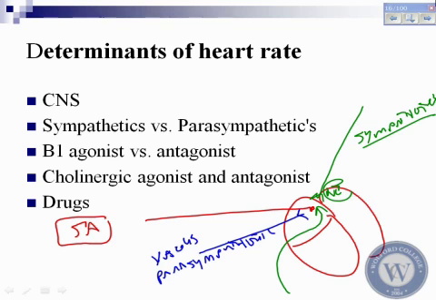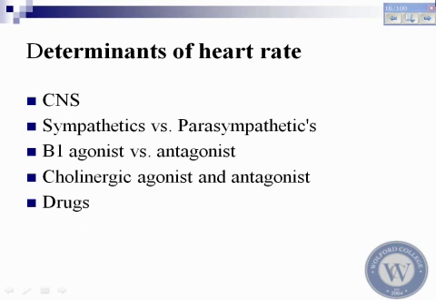Okay. Now, when you look at the actual SA node, let's say this is the SA node.